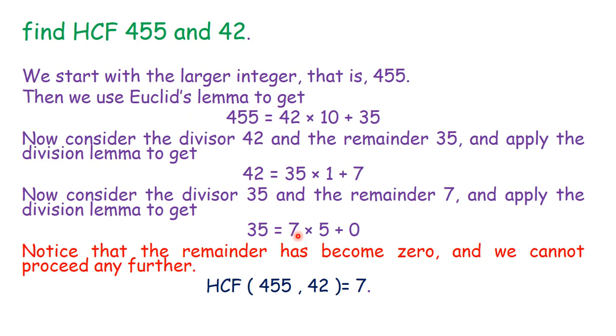So we are using these steps, and these steps are also called Euclid's division algorithm. Algorithm means step by step process. Hopefully you are getting how to use Euclid's division lemma for two given positive integers to find HCF.